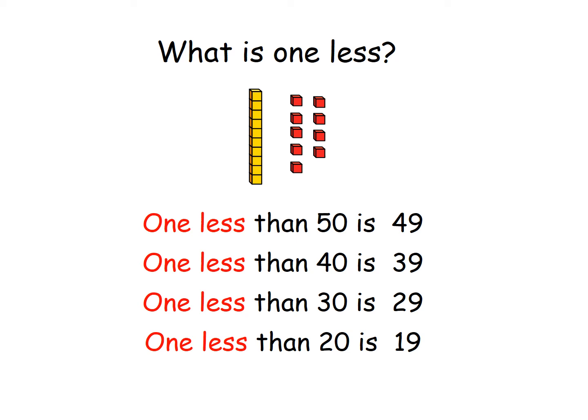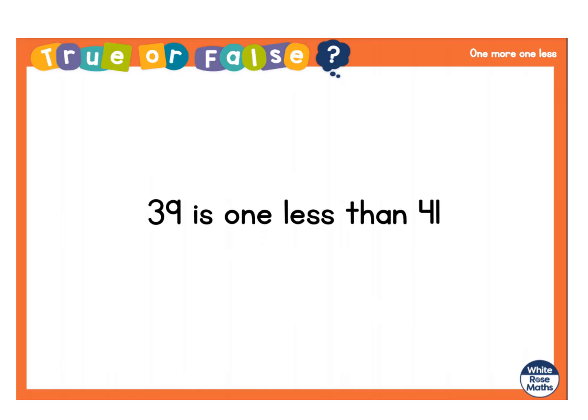Following the pattern, look, I'm down to 19. 49, then 39, then 29, then 19. Because each time we go back from the 10s into the ones before it, they all end in 9. Okay, we need to pause the video here to think about it.